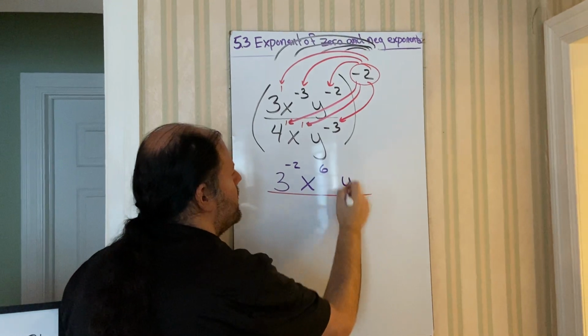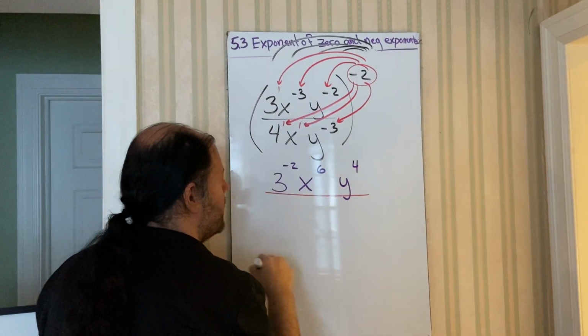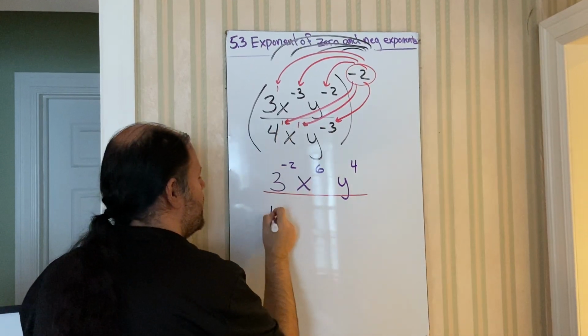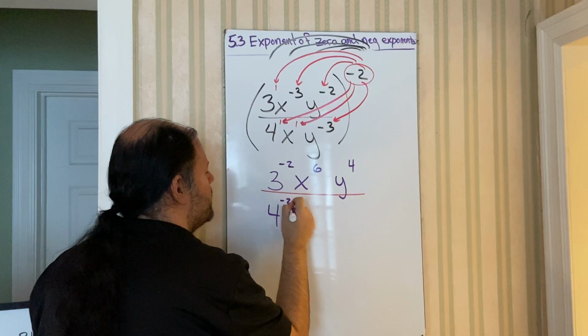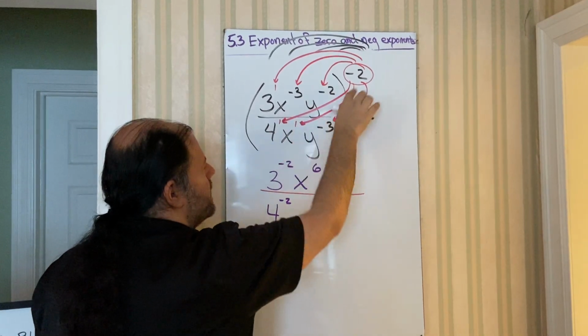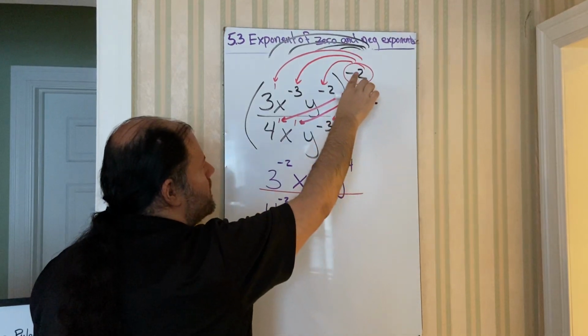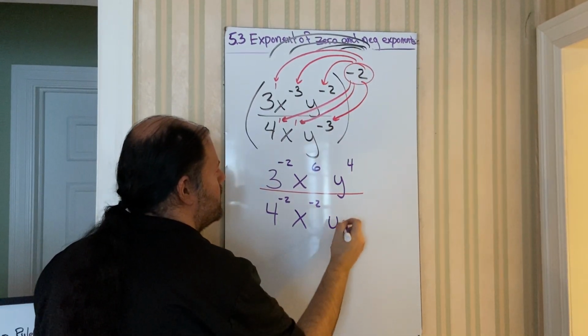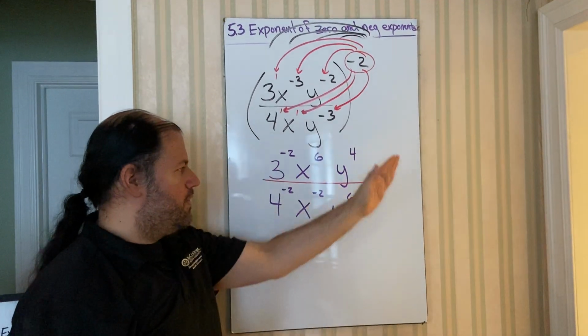For y, negative 2 times negative 2 is positive 4. Over here, keep the same base. 1 times negative 2 is negative 2. 1 times negative 2 is also negative 2. Negative 3 times negative 2 is a 6. Notice we have no more sets of parentheses.